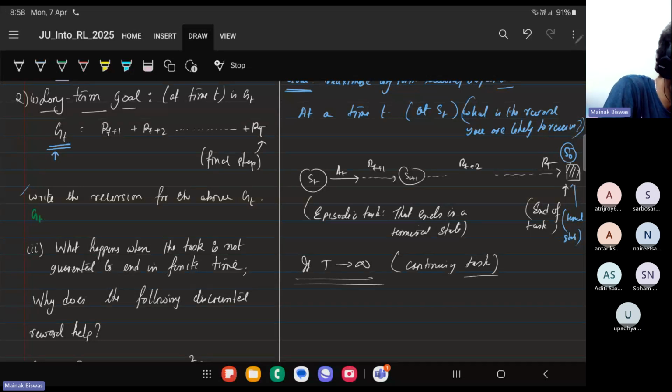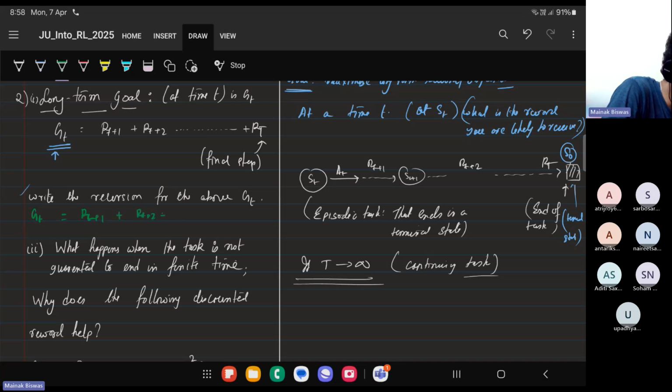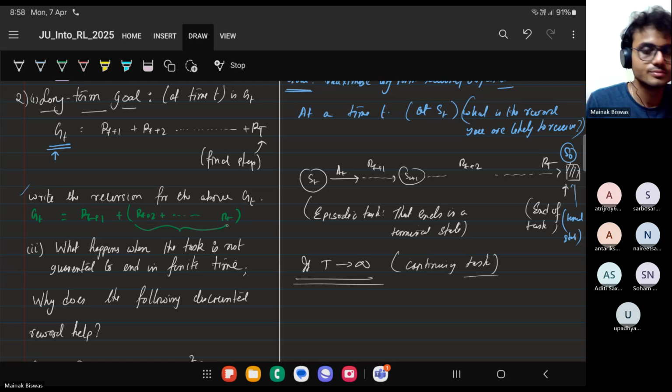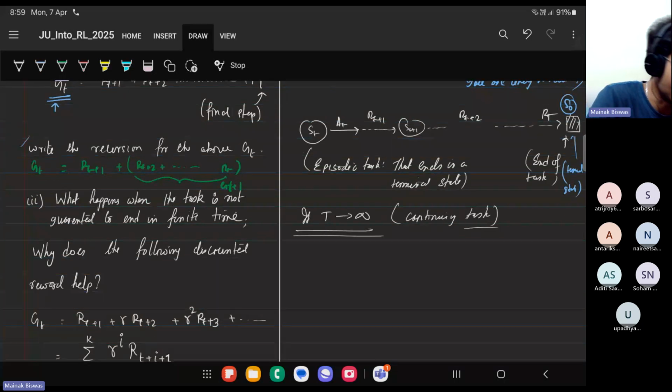G t will be written as r t plus 1 plus r t plus 2 up to r capital T. The rest from t plus 2 to T will be G t plus 1. Therefore, you can write G t as r t plus 1 plus G t plus 1. Fine.